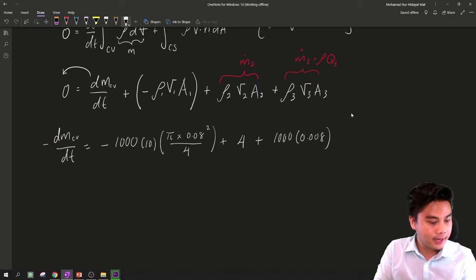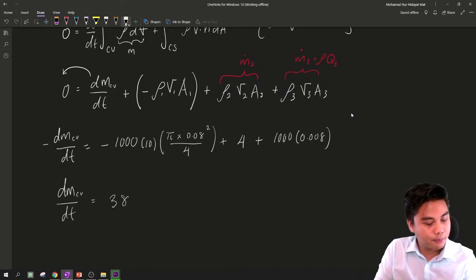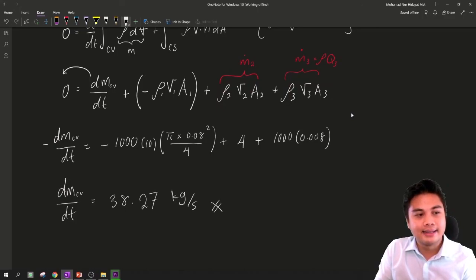Simplify the equation. Finally, you will get dm over dt equal to 38.27 kilograms per second. That is the final answer.